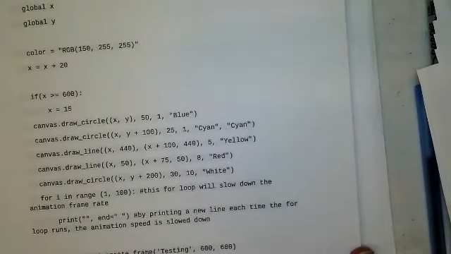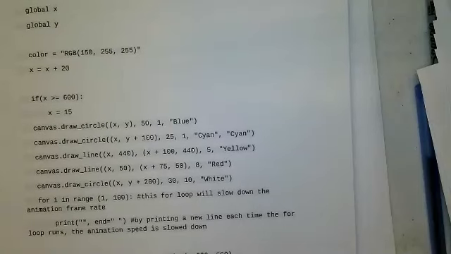And then we're going to do an if statement here. If x is greater than or equal to 600, which obviously is my screen size, so that gives me the values running across, I'm going to start at x equals 15. And then I'm going to define, because of x 15 and 200, this circle. I'm going to draw this circle, and it's going to start at 15, 15 with a radius of 50, line thickness of 1, and I'm going to color it blue.